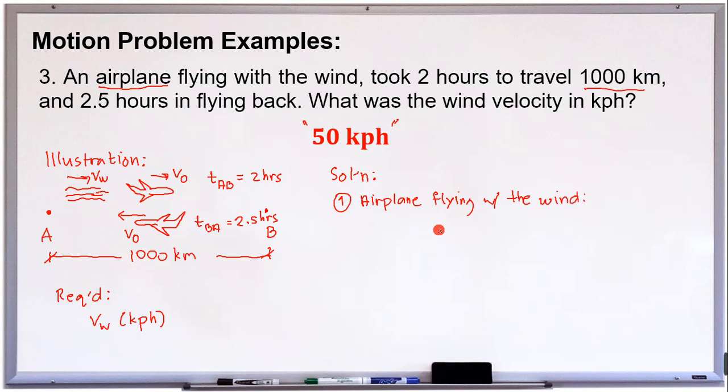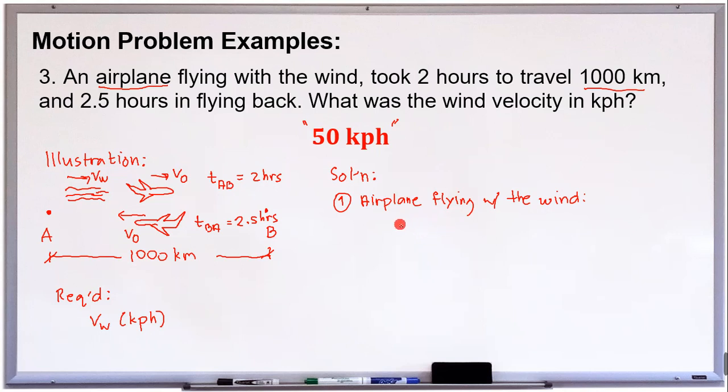Okay, so if the airplane is flying with the wind, then the resulting velocity is the sum of the airplane's absolute velocity and the wind velocity.